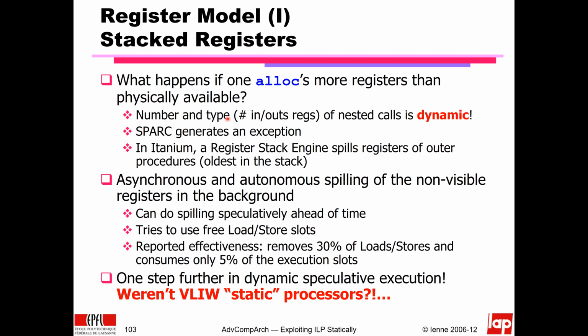It puts them on the stack, but does it autonomously. So it does even speculatively, right? If I have cycles that are free and the load store units are not being used by the program that you're running, it may decide to spill something on the stack so that if you unlock more registers, you'll get the registers that you asked for.